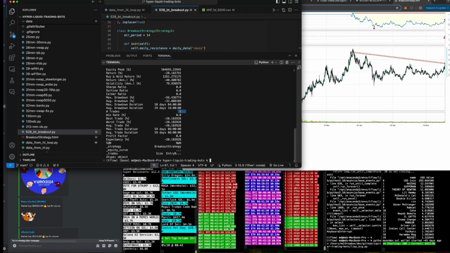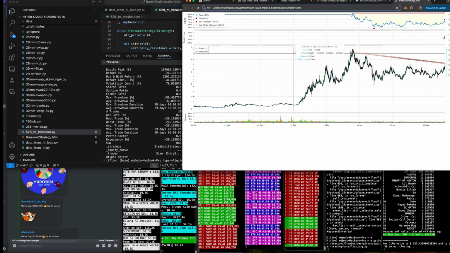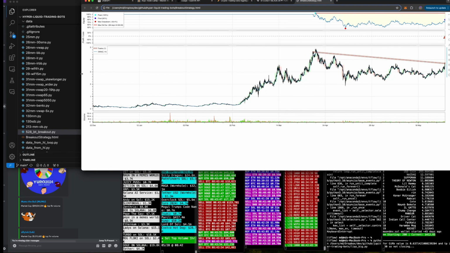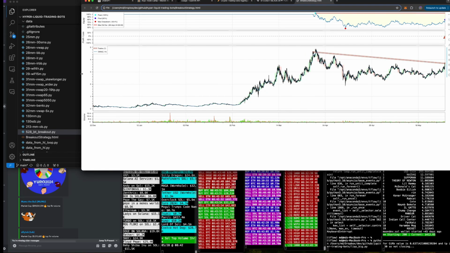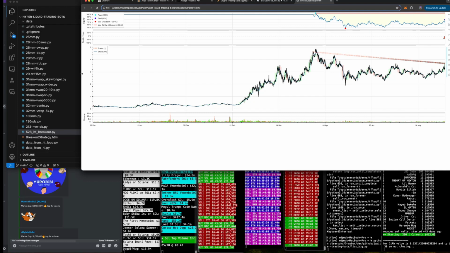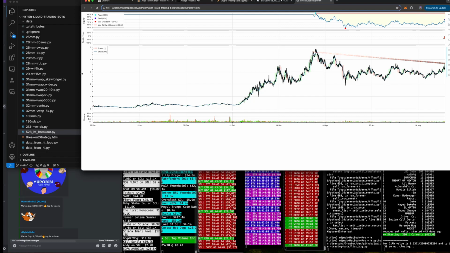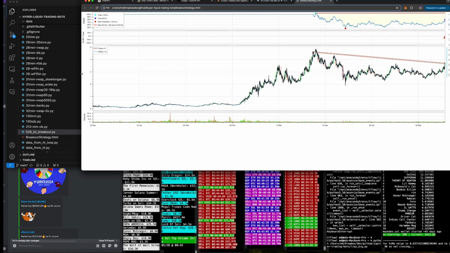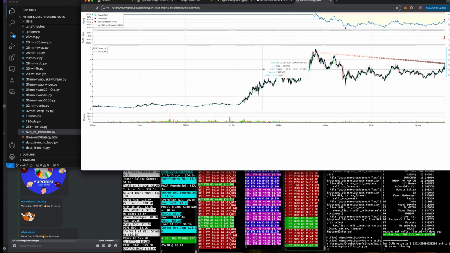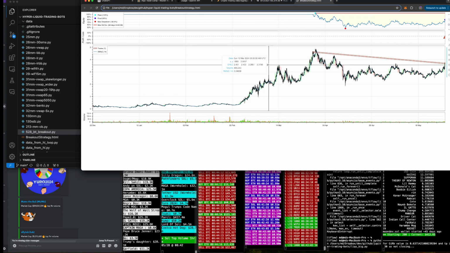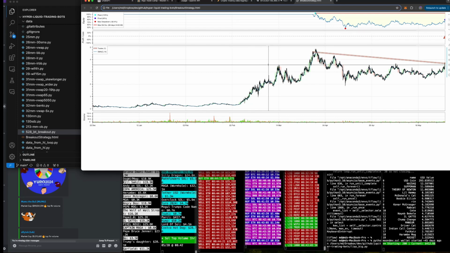Because it entered, where did it enter at? I feel like it should have entered around here. Because this is the daily. Not necessarily the daily, but could be the hourly.